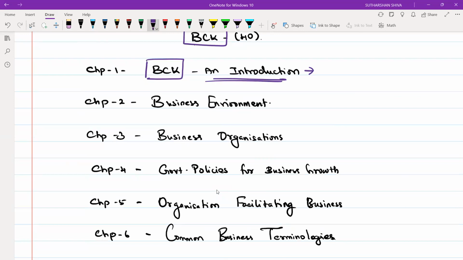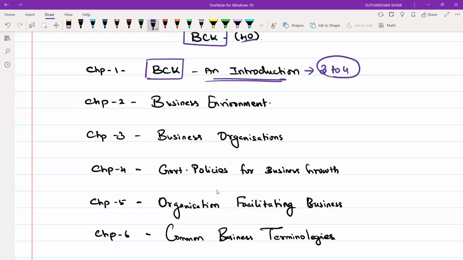Again, it is based on types of organization: company, partnership, sole proprietorship, LLP. And it is along with economic activities and non-economic activities. These are the two major things you have in this, and you may expect 3 to 4 questions from this only. Because it is an introduction, you cannot expect so many questions from this chapter.